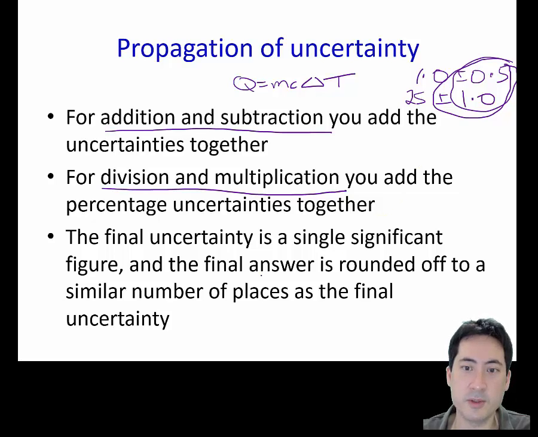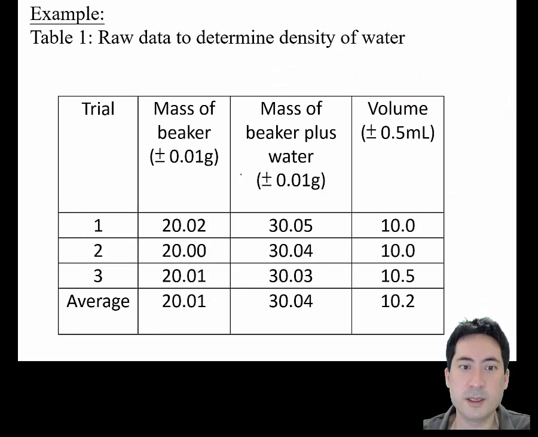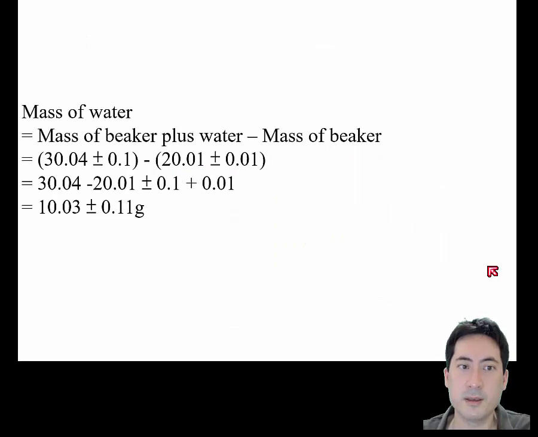So let's have a look at an example. Here we have a data table. We have the uncertainties here, and we're going to do density. So I'm going to take the values from here. So have a flick back to here if you need to. So first of all, the mass of the beaker, that's just a plus or minus, a mass of the water, and we need to minus the mass of the beaker.